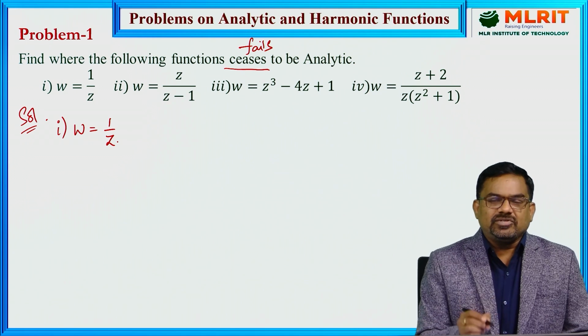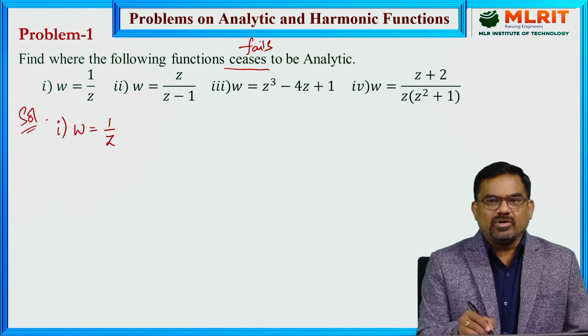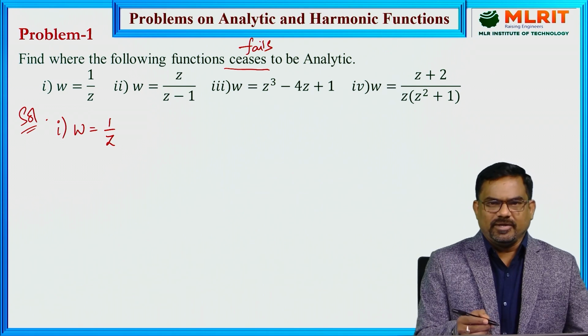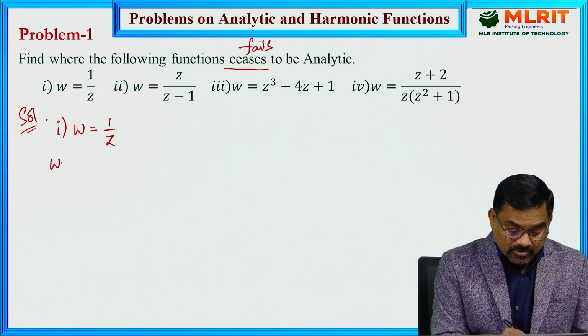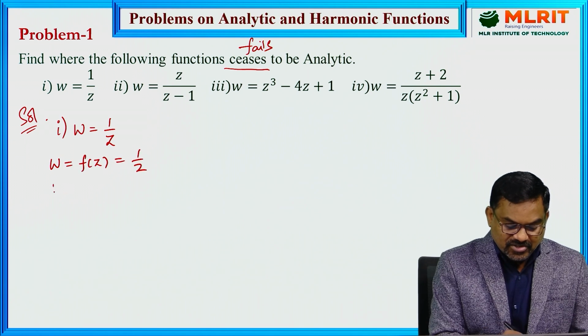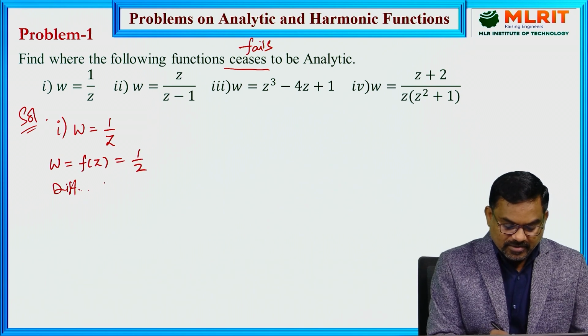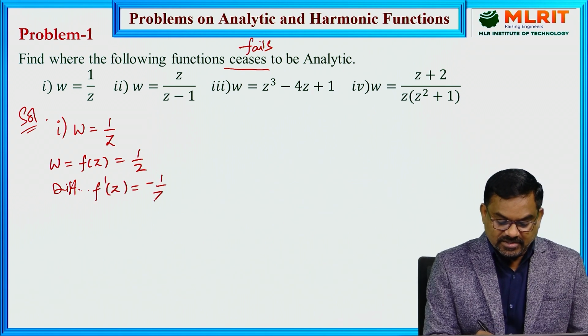Now what is the definition of an analytic function? If the derivative exists in the neighborhood of that point, then it is said to be analytic. So let us find the derivative of this. So w equal to f of z, which is 1 by z. Differentiating, we get f dash z equal to minus 1 by z square.